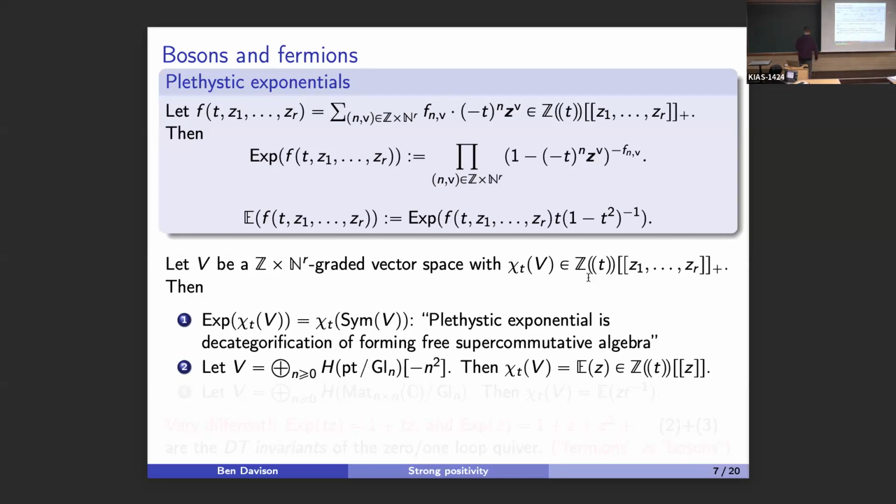So chi t of V equals the sum over n of the dimension of the nth graded piece of V, times t to the m, z to the n. Can you see that? Sorry.